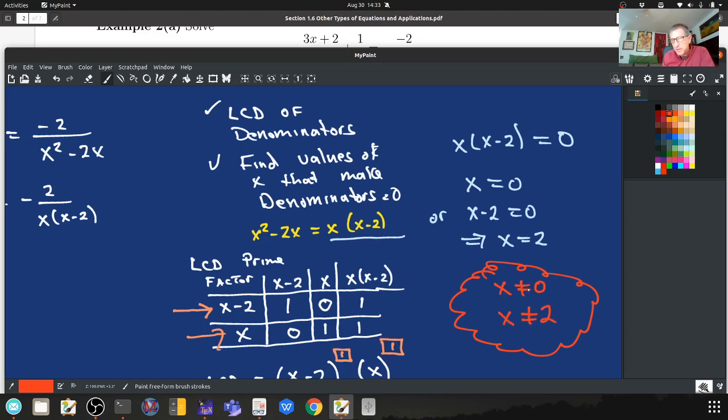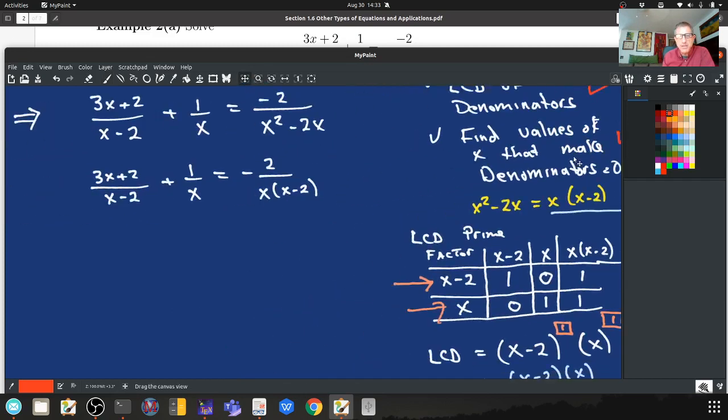Now you don't necessarily have to use the slash equal sign. If you want to just say, okay, x equals 0, x equals 2, my solutions can't be that, that's fine. Or you can say x cannot be 0, x cannot be 2. However you want to write that information. So we found values of x that make the denominator 0, and we found the LCD of the denominators.